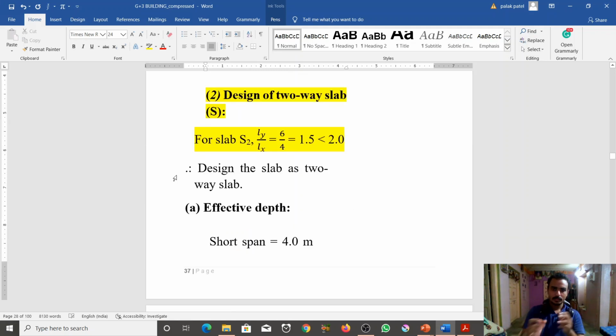Ly is 6 and Lx is 4. So Ly by Lx is 1.5, so the ratio is less than 2. So we design the slab as a two-way slab.